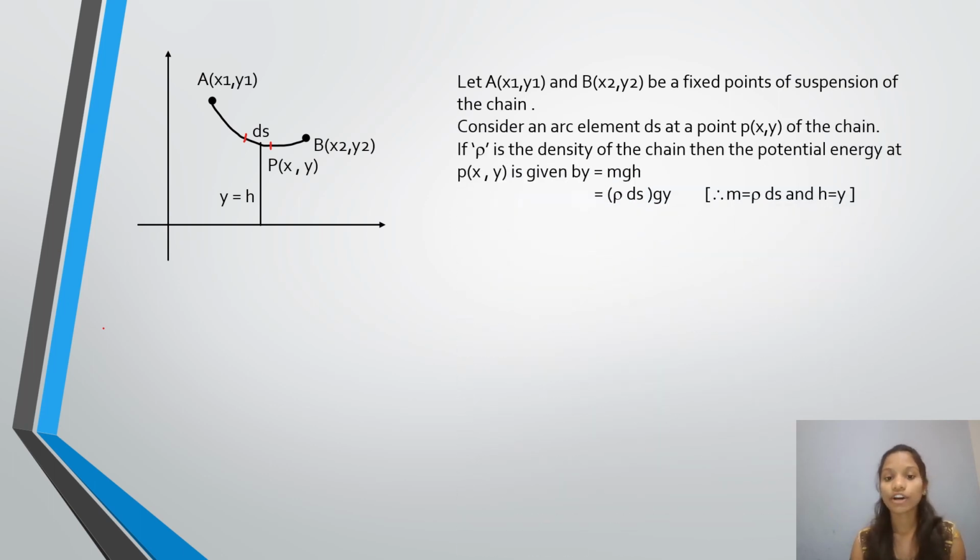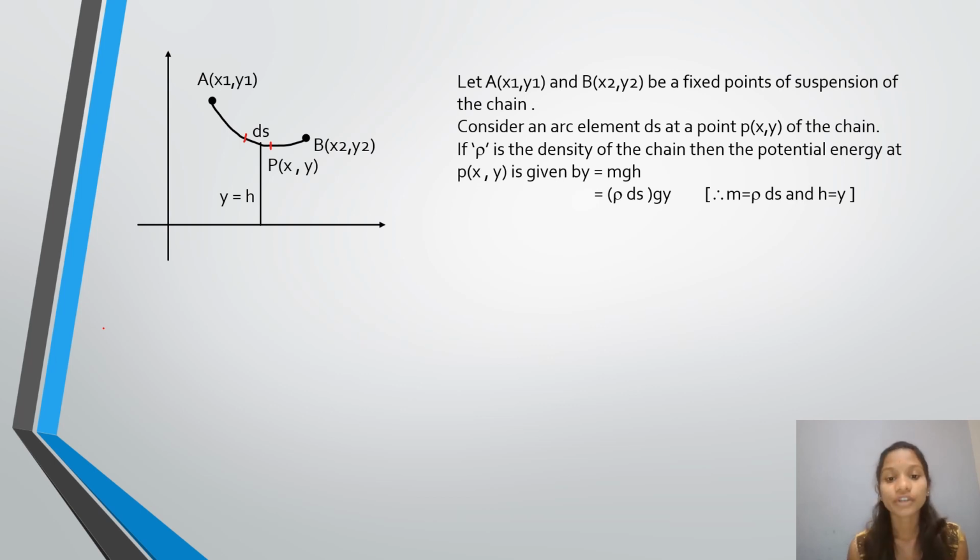Let A of (x1, y1) and B of (x2, y2) be the fixed points of a subspecies of the chain. Consider an arc element ds at a point P of (x, y) on the chain. This arc ds is a small part into which we have divided the chain.